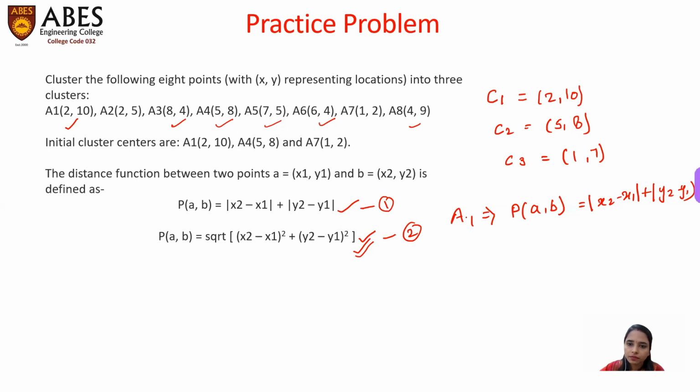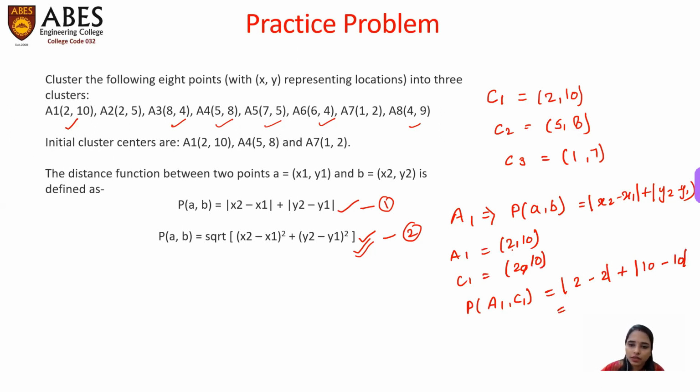So here A1 is equal to 2, 10, and the center of C1 is also 2 comma 10. Then P of A1 comma C1 is equal to x2 is 2 minus x1 is 2, plus y2 is 10 minus y1 is 10.